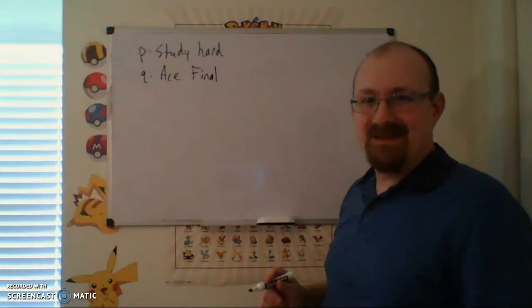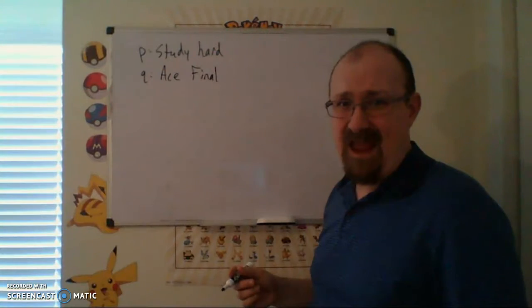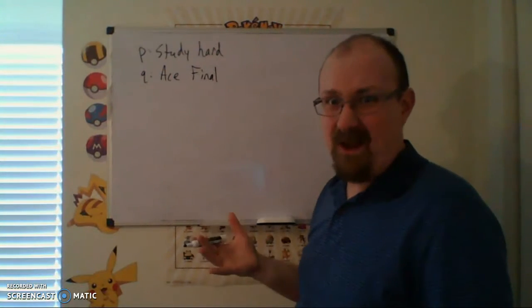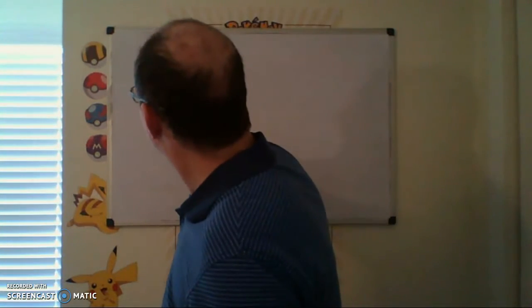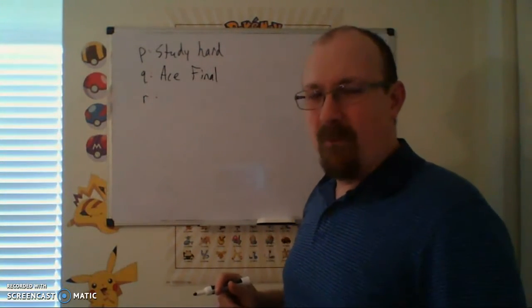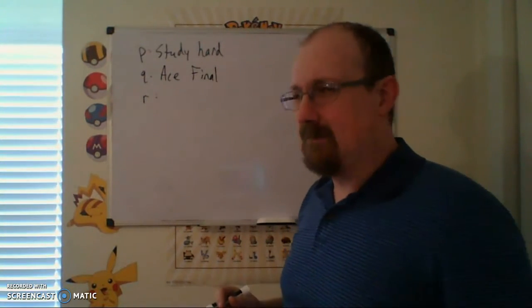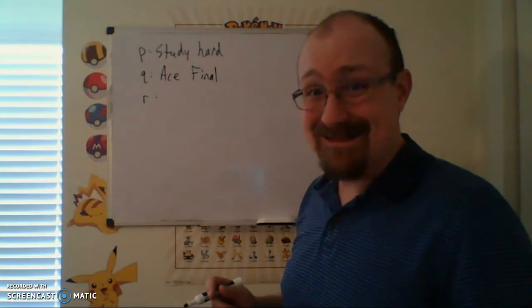Statement Q, I ace the final. Again, if you wanted to use different letters, like S for study, A for ace, or whatever, that's fine. I just tend to be conventional and boring. And then we have statement R at the end. It says I don't fail the course or won't fail the course. That's okay. I usually express my simple statements in the positive.